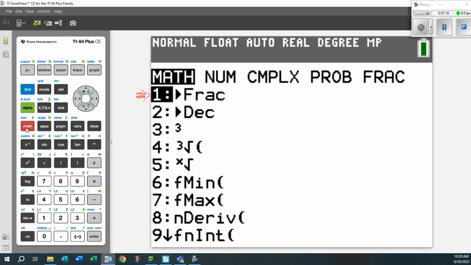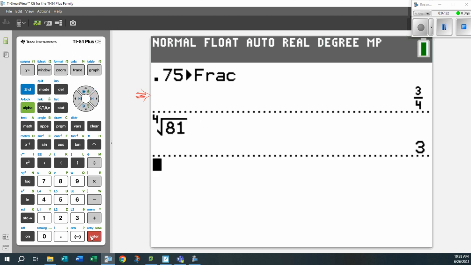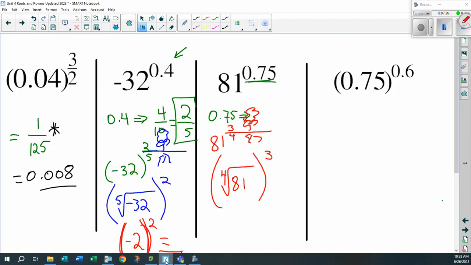Because that gets me really used to using this button right here. Okay, 4th root of 81. Well, that's 3. Oh, that makes sense. Okay, so there we go. We know that this guy becomes 3. But don't forget, we still have to cube it, so 3 cubed works out to be 3 times 3 times 3, which is 27. Cool.